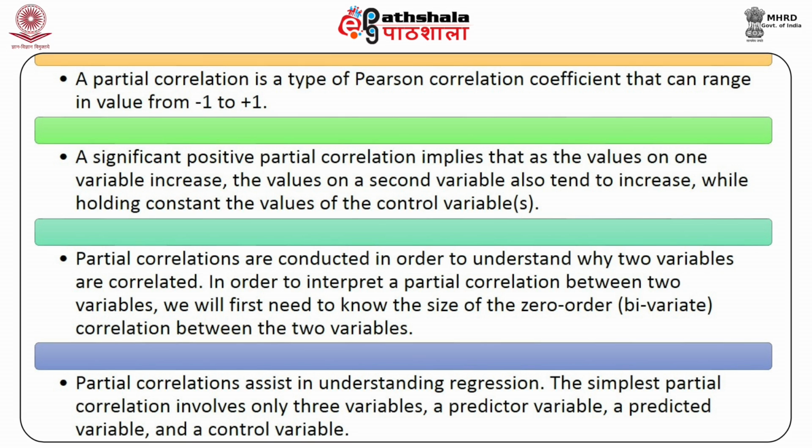Partial correlations are conducted in order to understand why two variables are correlated. In order to interpret a partial correlation between two variables, we will first need to know the size of the zero order, that is, bivariate correlation between the two variables.